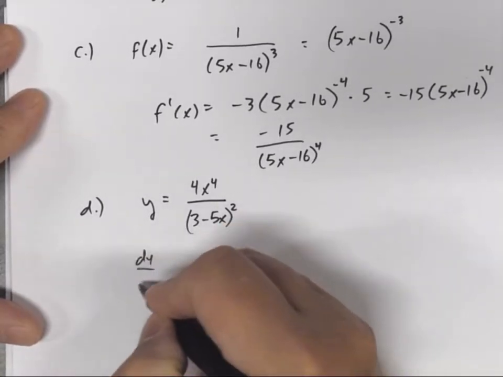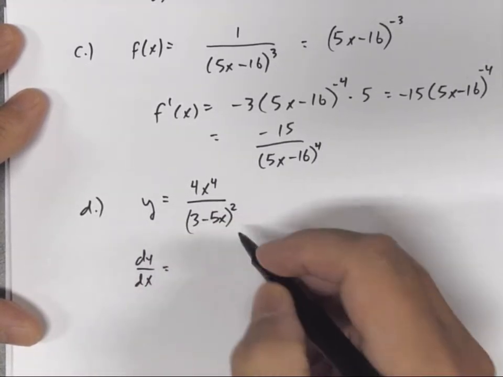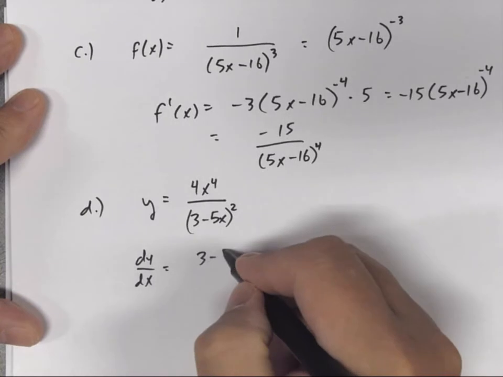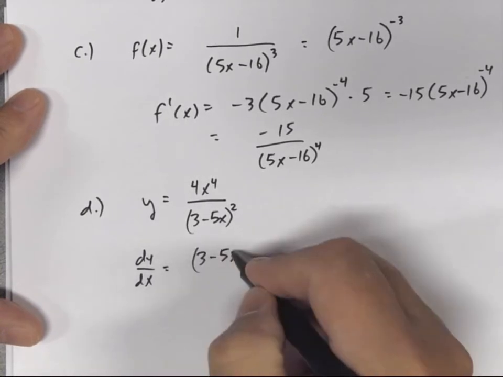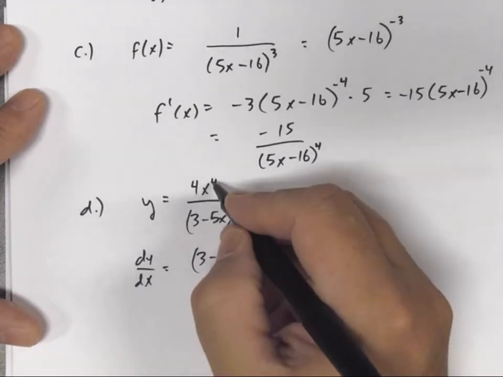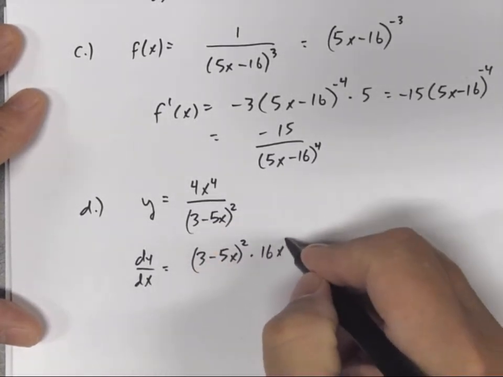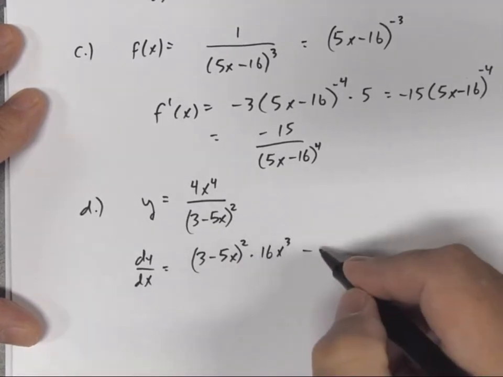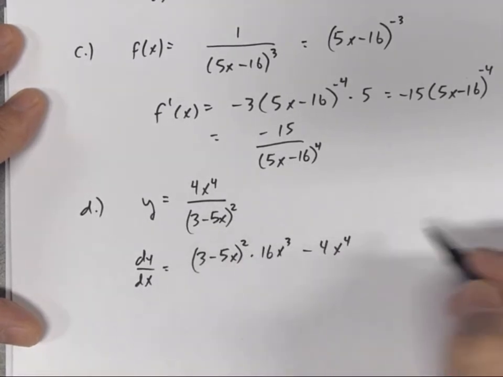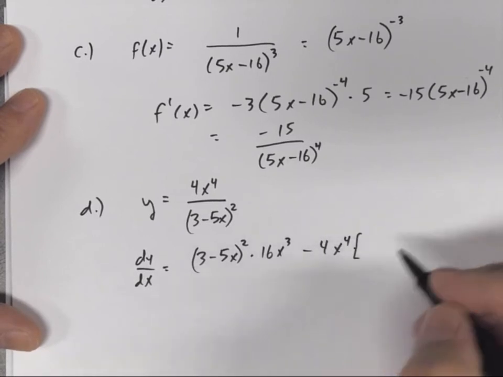So let's see how this works. Quotient rule says you take whatever is in the bottom, then the derivative of what's in the top, we just apply the power rule, minus the top times the derivative of what's in the bottom.